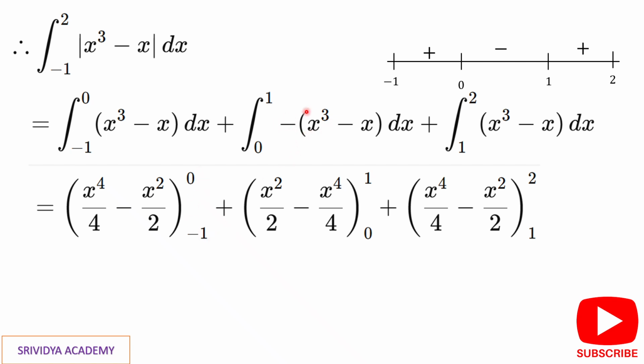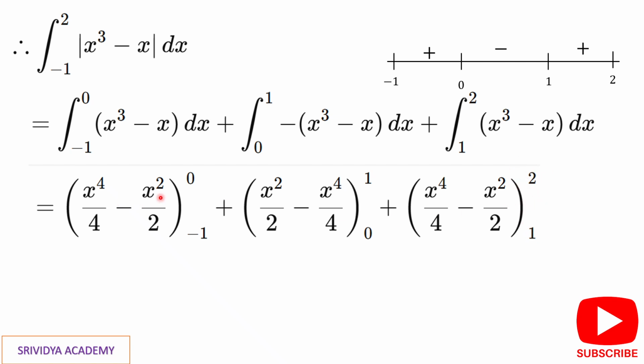Similarly, in the second integral, we have minus of x cube minus x, that is x minus x cube, whose integral is x square by 2 minus x to the power of 4 by 4 between 0 and 1. And the third integral, x cube minus x, gives us x to the power of 4 by 4 minus x square by 2 after integration, and the limit is 1 to 2.